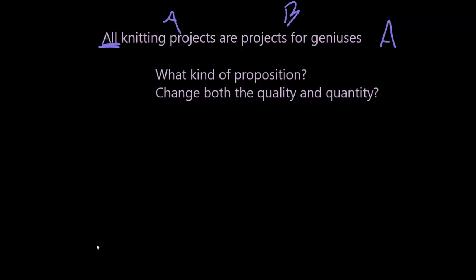It's also an affirmative statement, so we need to move from an affirmative statement to a negative statement. So what we should be left with is a particular negative statement. And particular negative statements take the form of O statements.